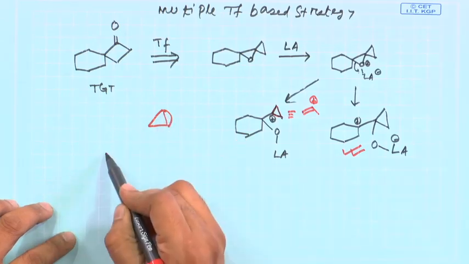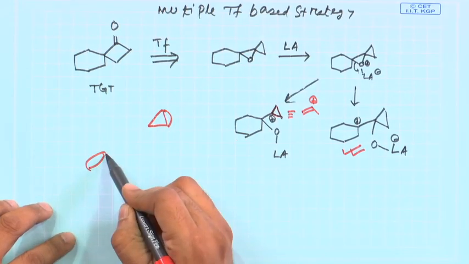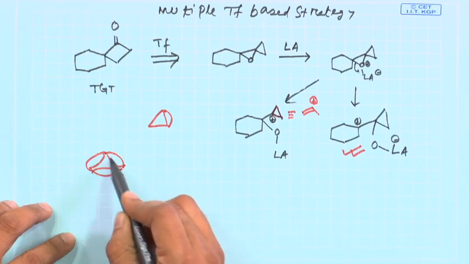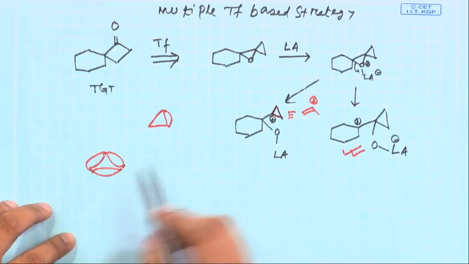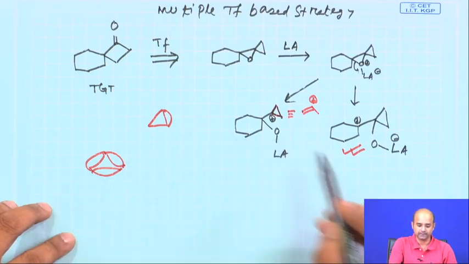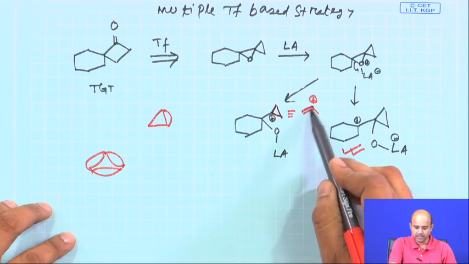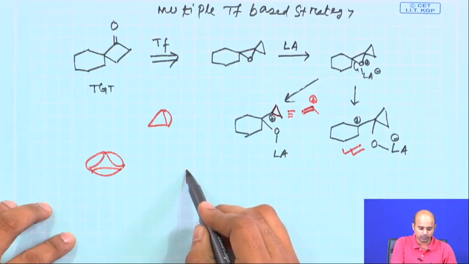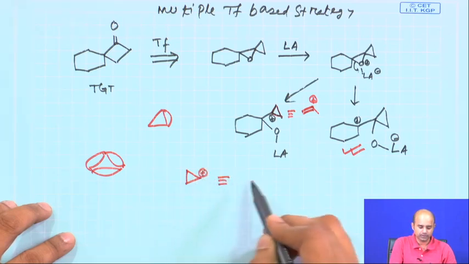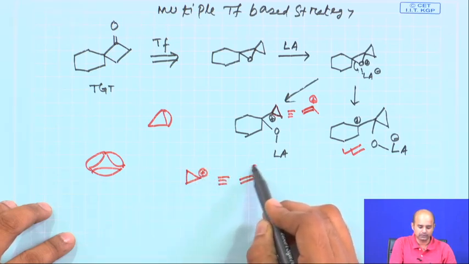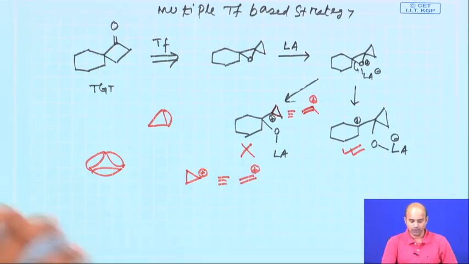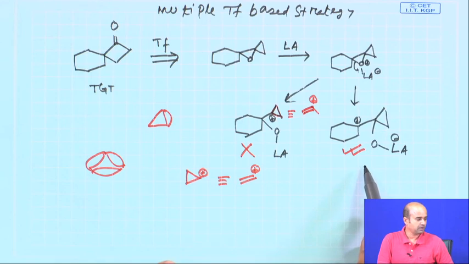It is basically always having this kind of banana bond to give you this cyclopropane system. This is the real cyclopropane picture, and because of the substantial pi character in it, it is like a vinylic system. That is why a cyclopropyl carbonium ion is equivalent to a vinylic carbonium ion, which is absolutely not stable. So, this carbonium ion won't be stable, you would be having this carbonium ion.